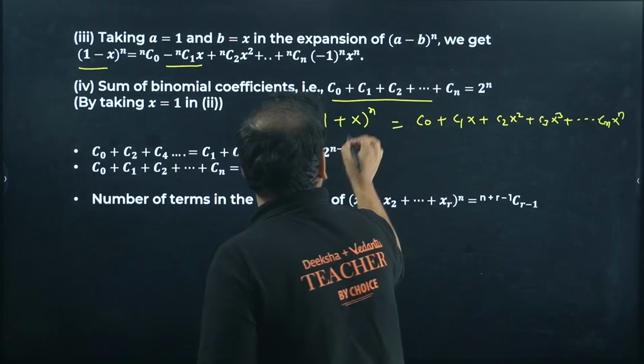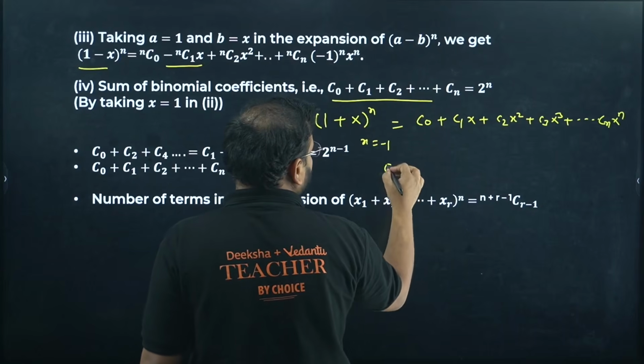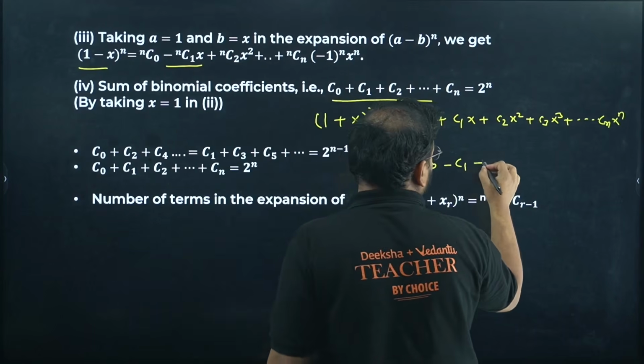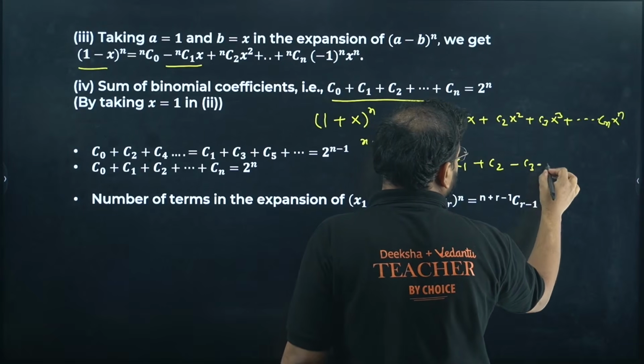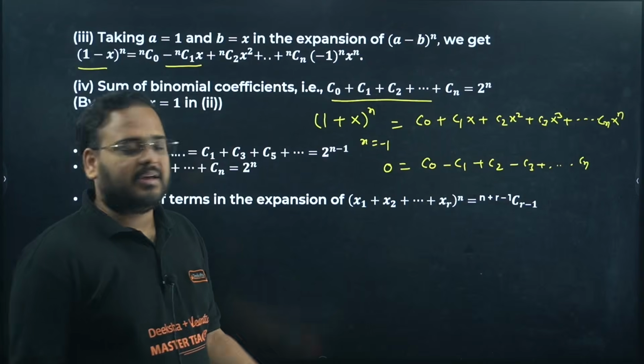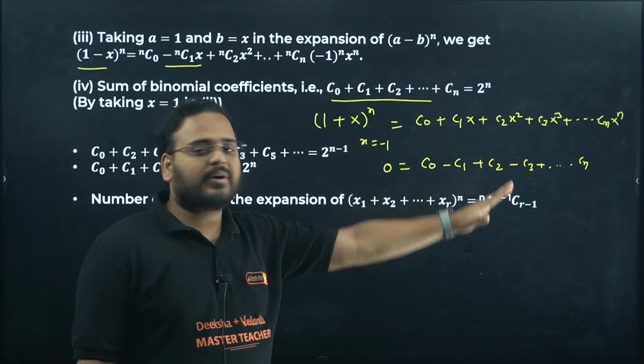Then substitute the x value over here as -1. When you do that, this becomes c0 minus c1 plus c2 minus c3, and so on till cn. What I've done is, in the expansion of 1 plus x power n, simply take the x value as -1. So odd terms become negative.